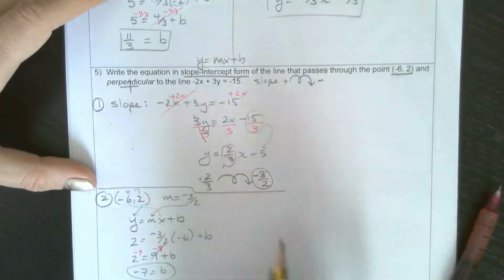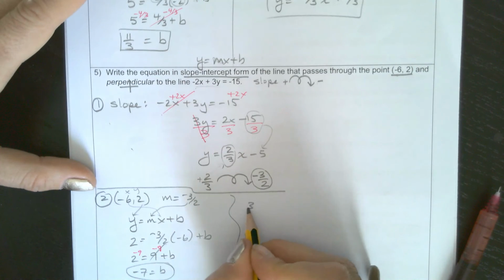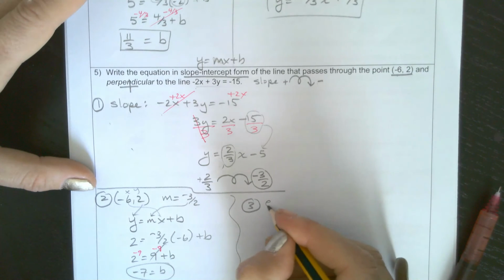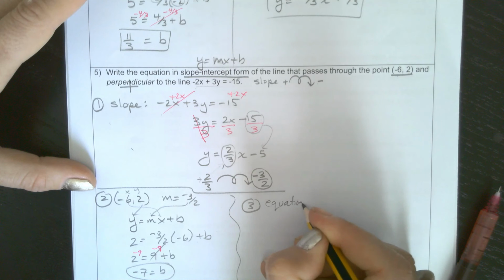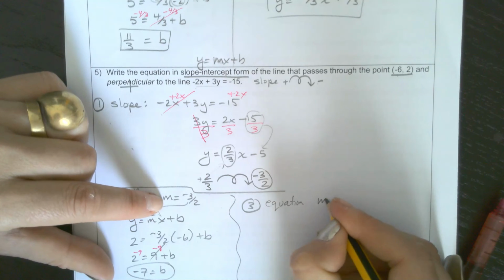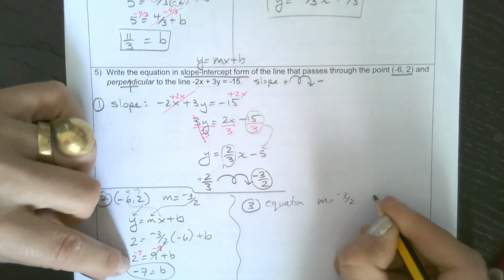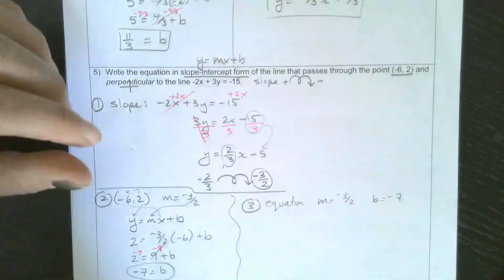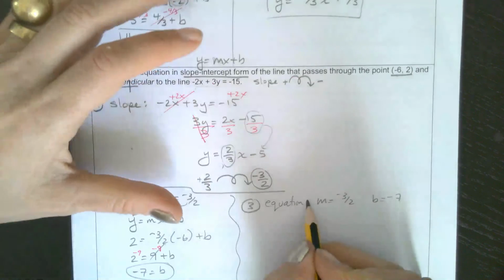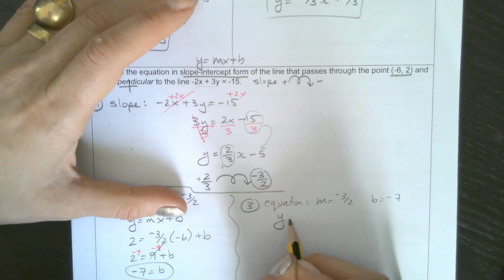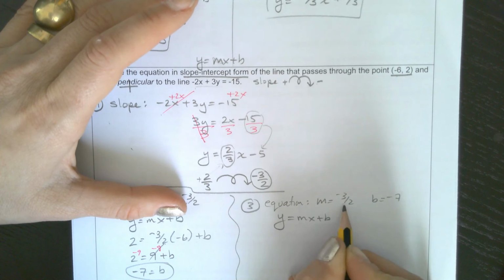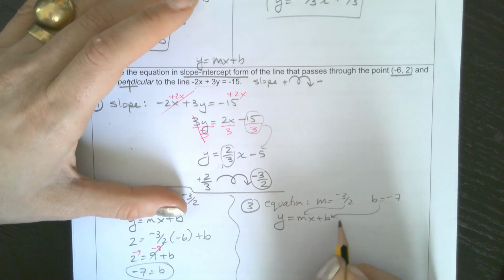Okay. Now, step 3, we can make our equation. So I know m, my slope, and b equals minus 7. How do I make an equation? What's my favorite equation? Okay. I can just put that there, and I can put that there.